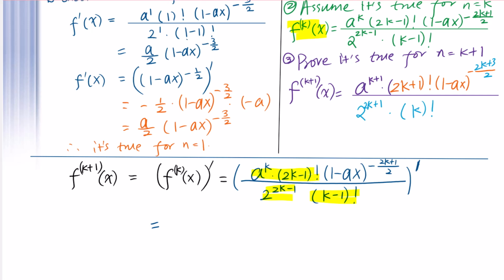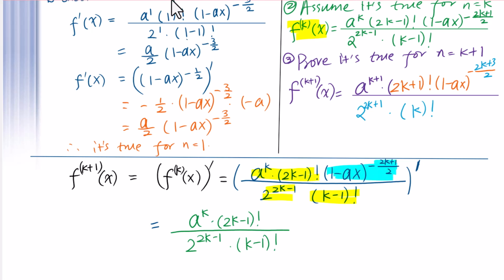So we bring down the coefficient, which is a to the power of k times (2k minus 1) factorial over 2 to the power of 2k minus 1 times (k minus 1) factorial. We will do the power rule for this.